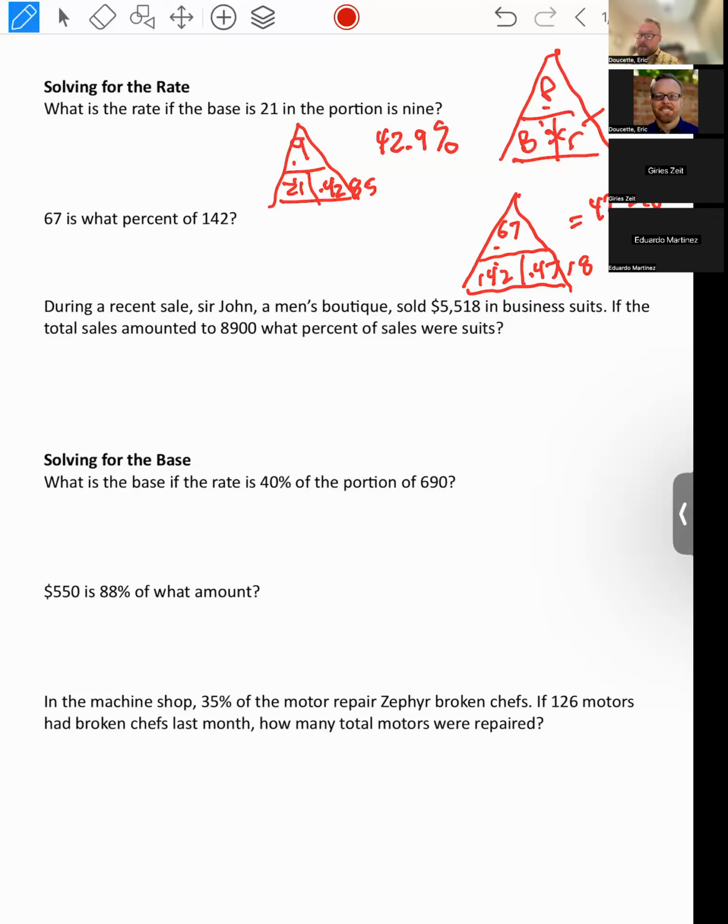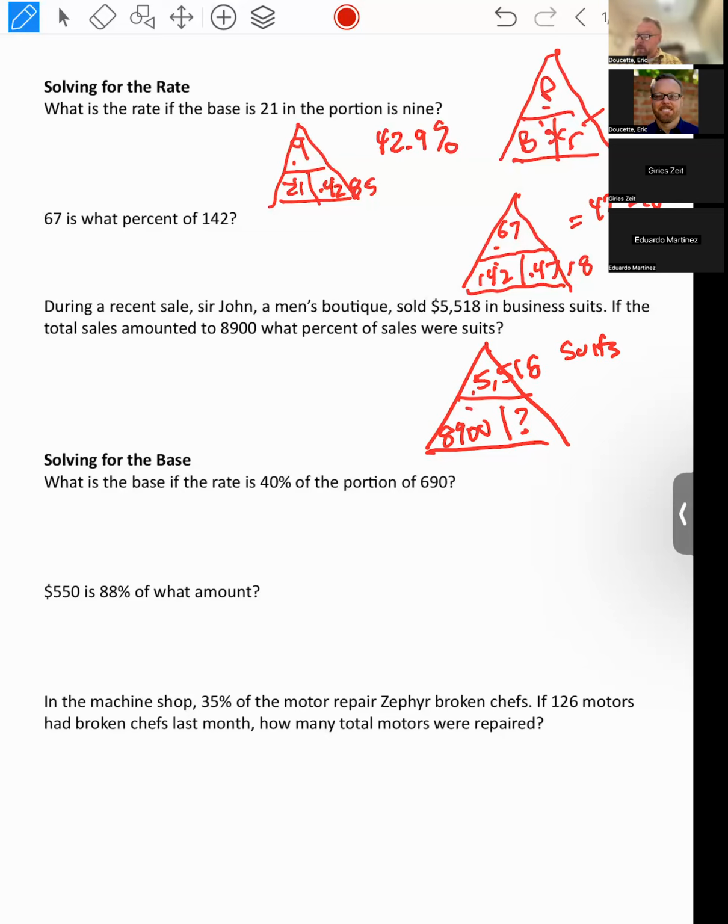We know the portion, we know the base: they sold 8,900, and 5,518 of that was suits. So what they want to find out is the percentage of suits to total sales.